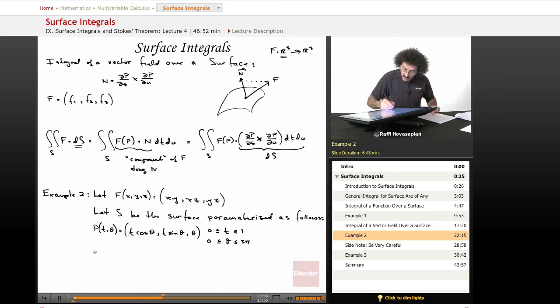Okay, what we want you to do is to find the integral of f over this surface. Great, should be no problem at all.